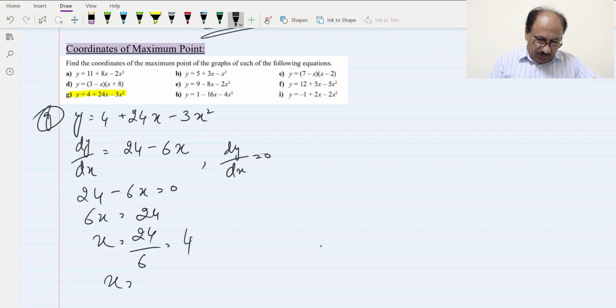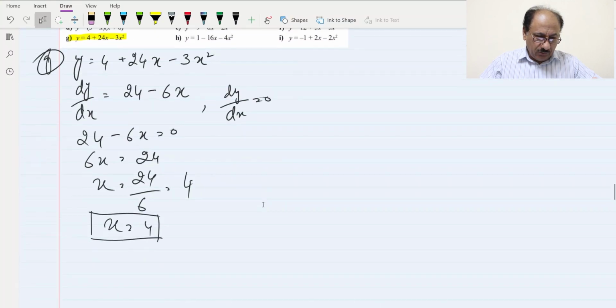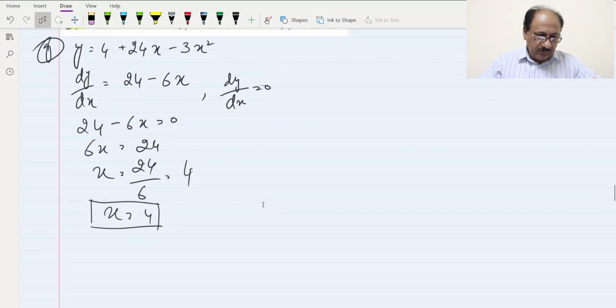Now the x coordinate we got for this maximum point is 4. Now we can replace this in the original equation.